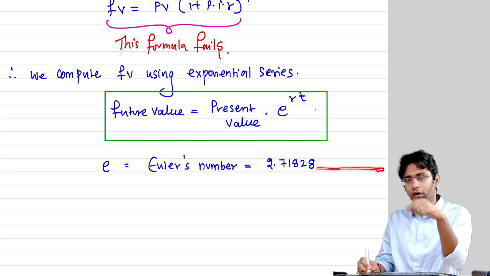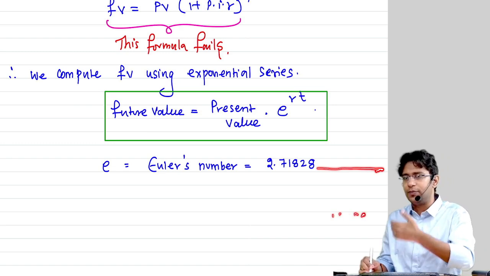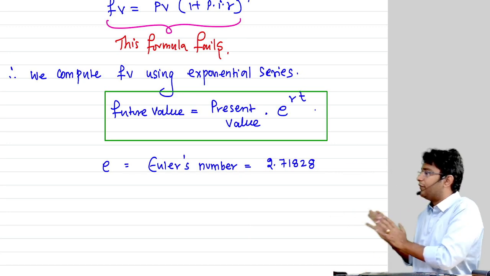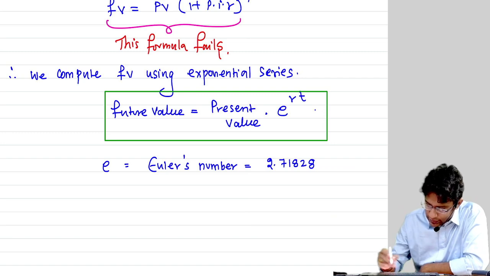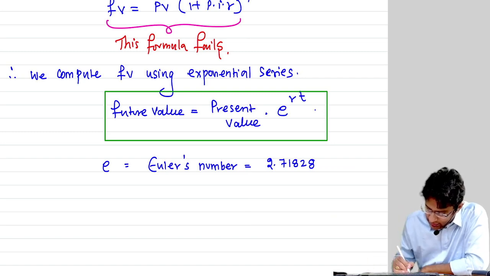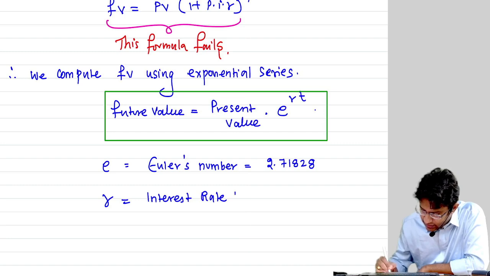You scroll more, number will again come. Last dots will be there. You scroll more, it just keeps on coming. There is no end for that. It's a very large number, large decimal. That's e value, sir. Next, the most important here is r, which is always interest rate per annum. It is very, very important.